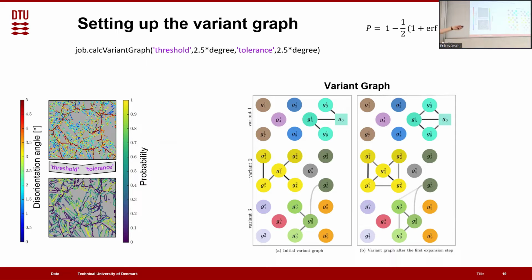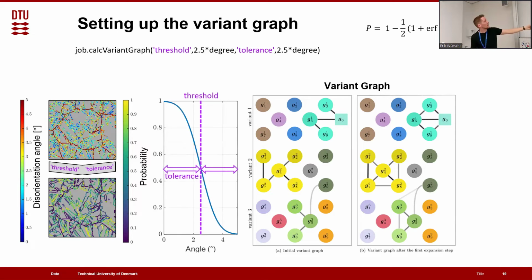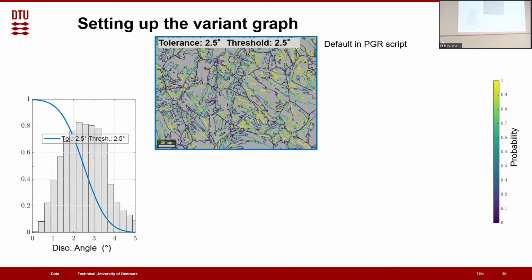The function is an arrow type function, and this threshold value that we set decides where this function is 0.5, and the tolerance value shows you how smooth this function is going to be. But it's a lot easier to actually show this on real data.